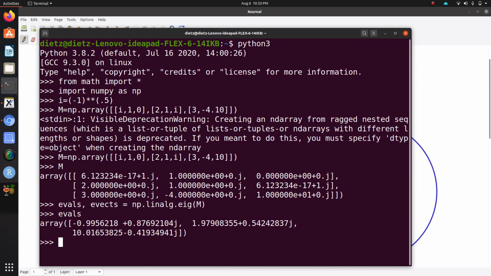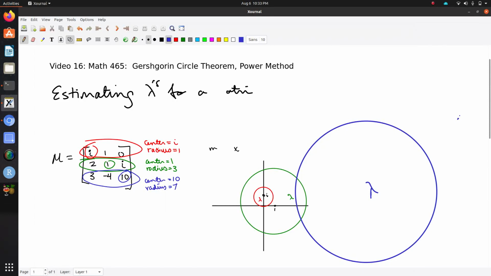How about that? So I have one that's at roughly -1 and almost 1 in the I direction. So it very well may be my red one, but maybe it's not. I have one something like that. There's one somewhere like that. It's not clear which circle gives rise to which eigenvalue.